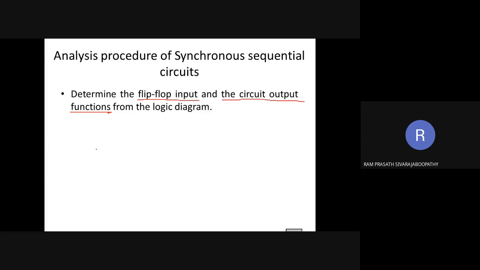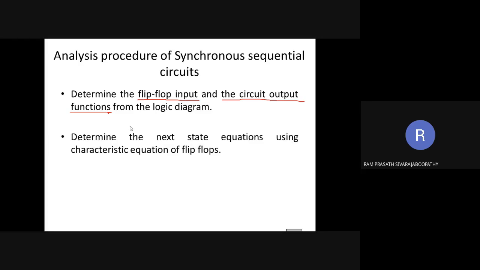The next step is to determine the next state equation. Each flip-flop has a characteristic equation, and using that we find the next state equation. For example, we have discussed the characteristic equation of the SR flip-flop. Can you people type it in the chat?